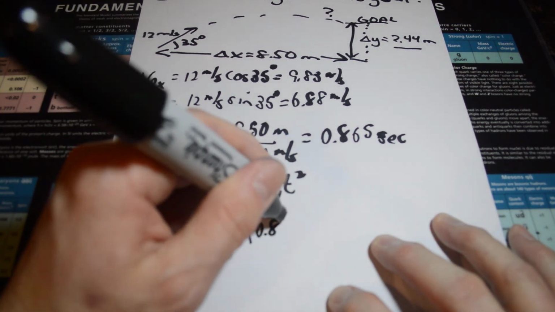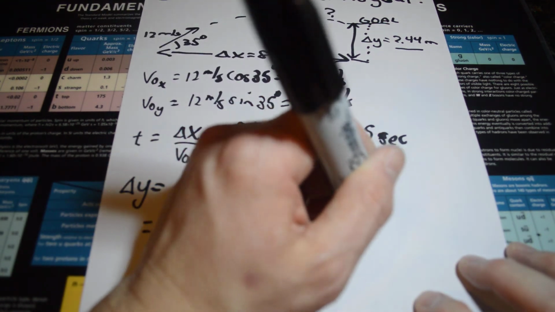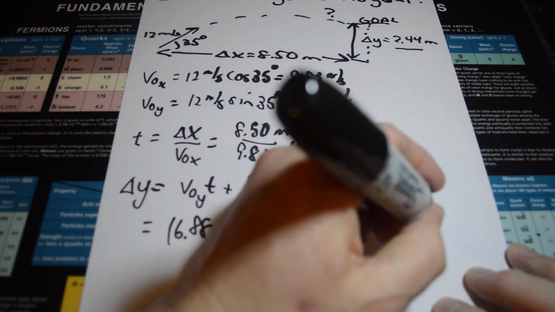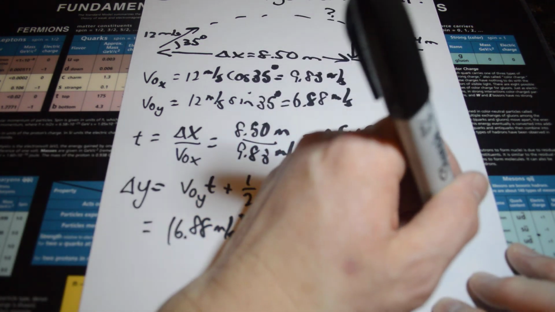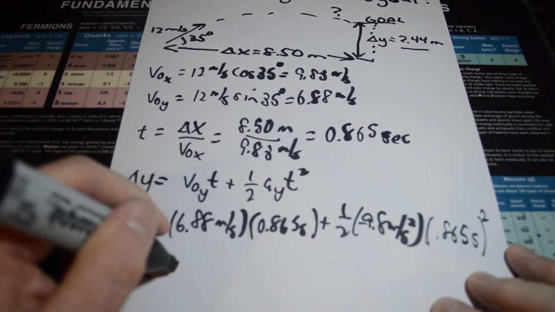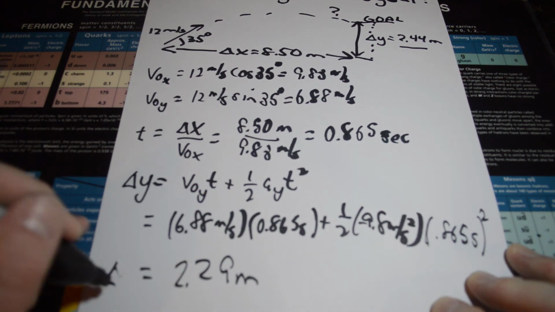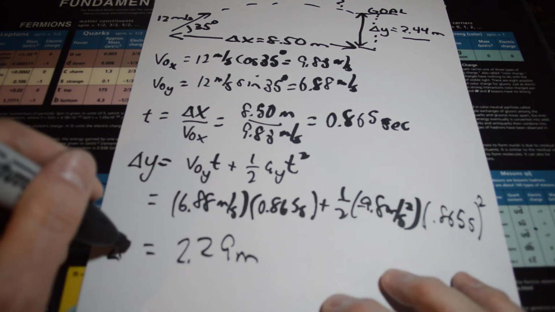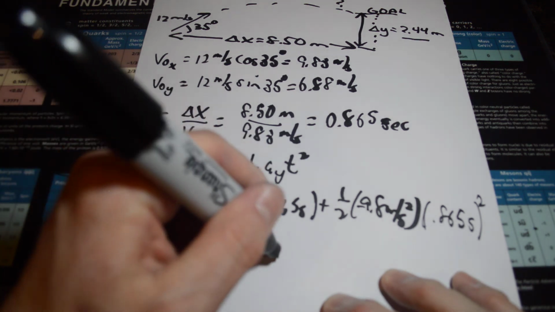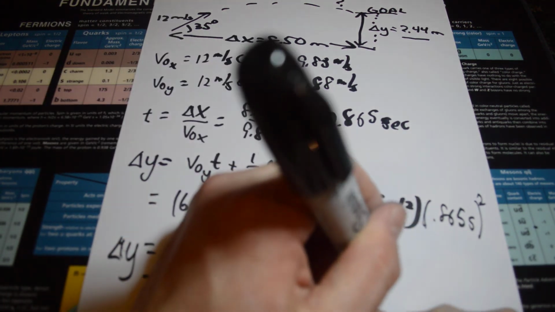So I'm going to put in 0.865 seconds, and I'm going to put in 1/2 times negative 9.8, and then that 0.865 seconds quantity squared. And what I get is 2.29 meters is where it's located in the y direction. I'm going to say that as long as the goalie doesn't touch it, it looks like it could possibly be good. Okay.